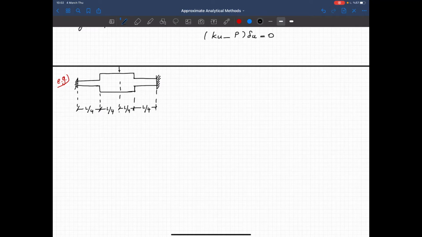So we apply P to the middle of the structure. Here, this is EI over 2. And that's EI. So the question here is, calculate the maximum displacement in this structure. So consider only bending deformation.